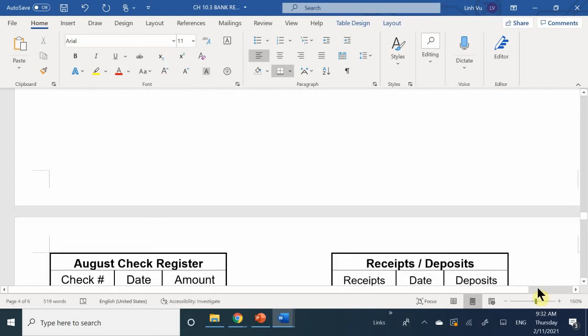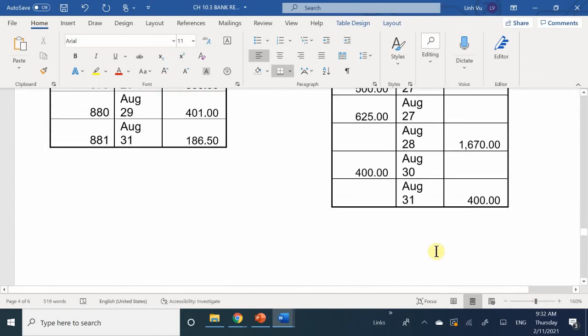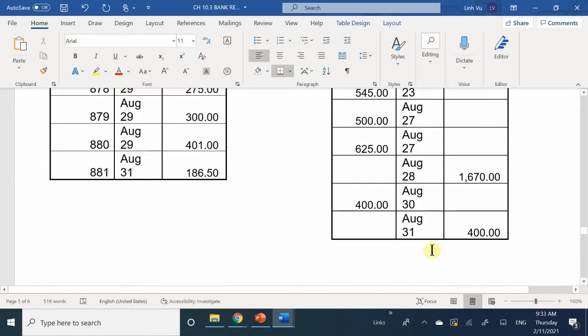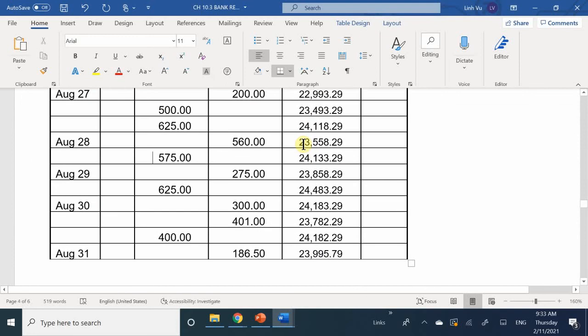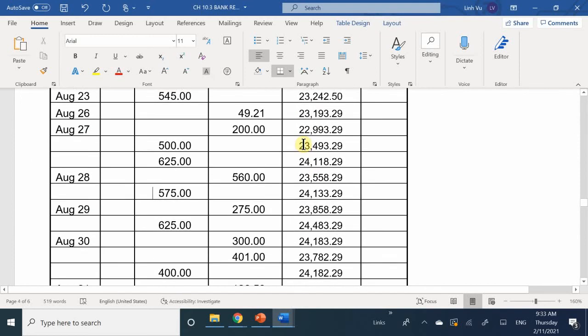Let's see. Did we make a deposit for that? 625 is there, but I'm talking about the 575. Let me see. What was it? 575 and another 625. There's two 625s.